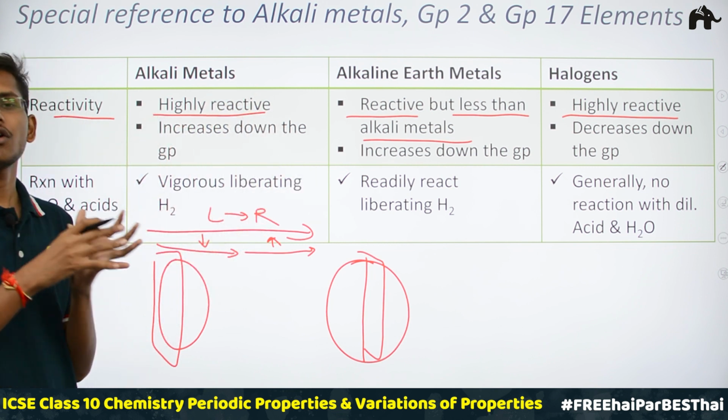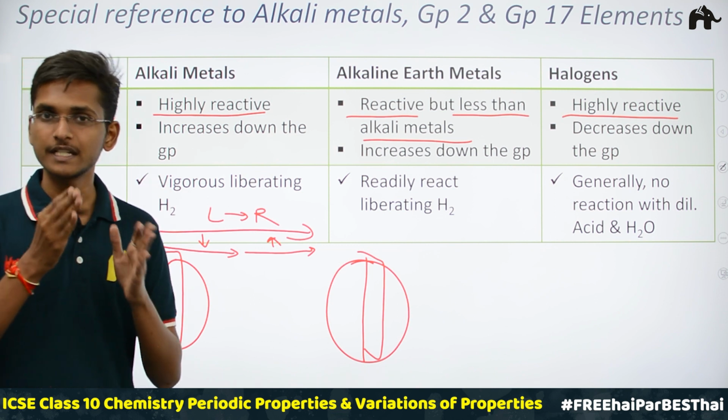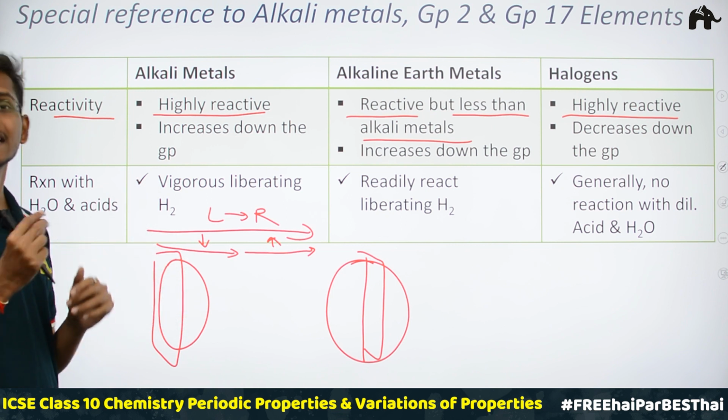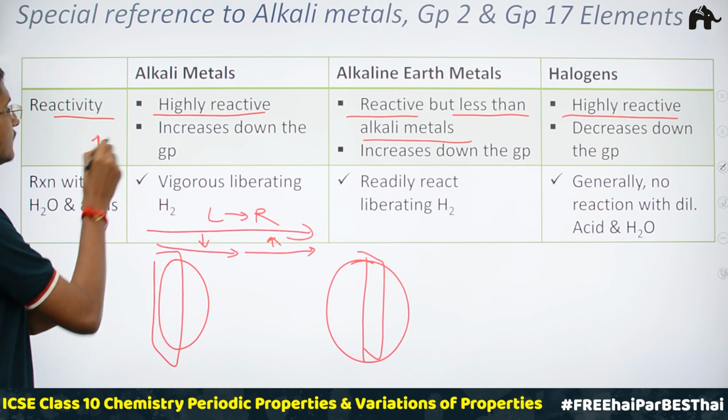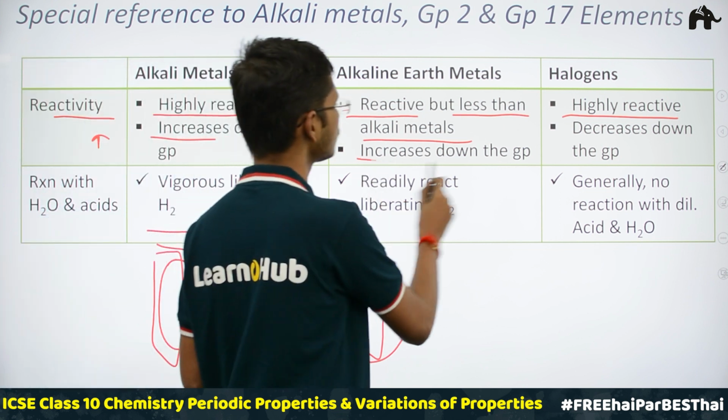So what is the trend of reactivity down the group in case of metals? Reactivity either increases or decreases. When we move down the group we know reactivity increases, right? So therefore alkali metals' reactivity increases down the group, and alkaline earth metals' reactivity also increases down the group.